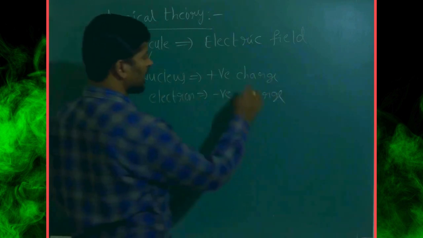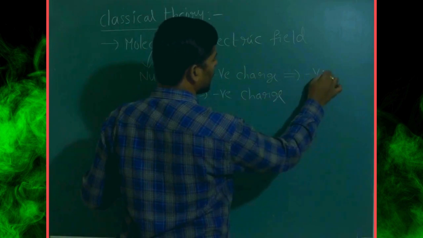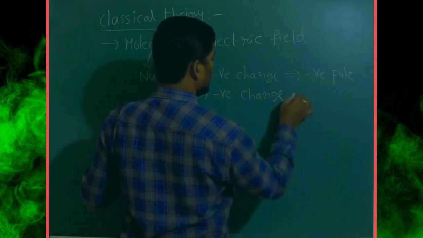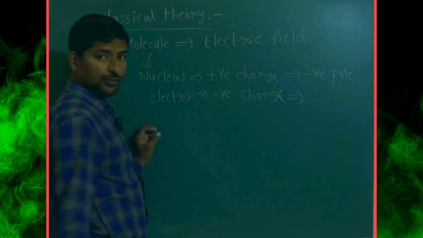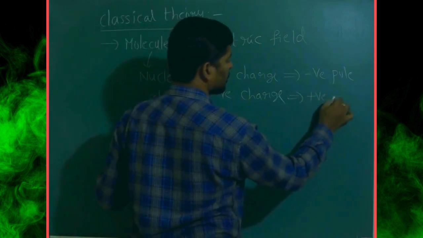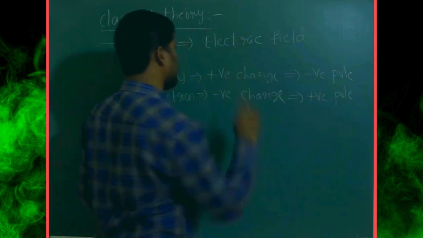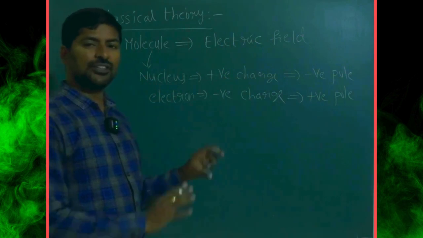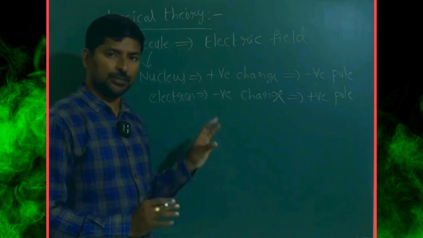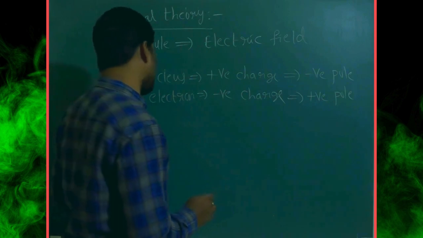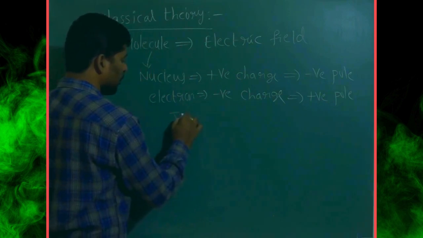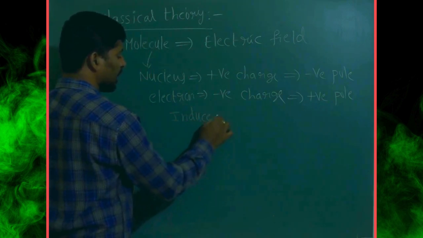So the nucleus may be attracted towards the negative pole of the electric field, whereas the electron possesses negative charge, so it may be attracted towards the positive pole. Overall, some distortion of the electron cloud takes place, or some dipole is set up in the molecule. That dipole is called induced dipole.